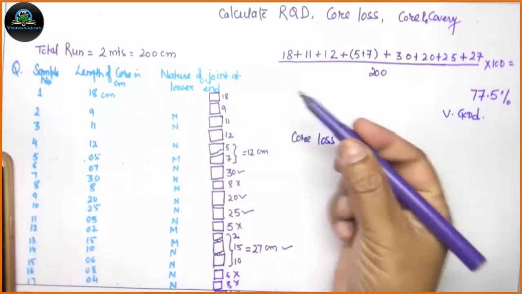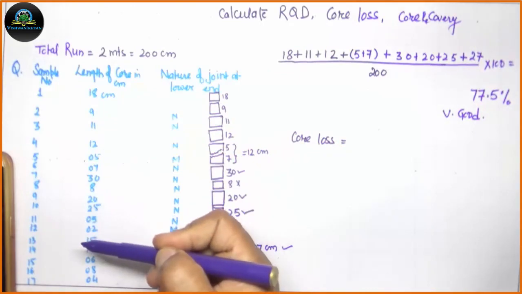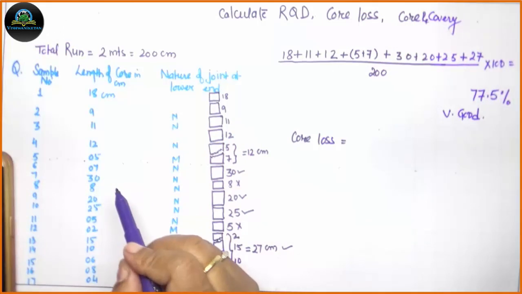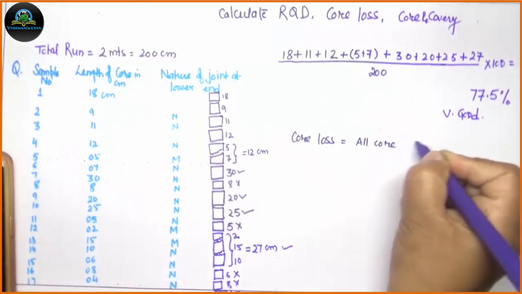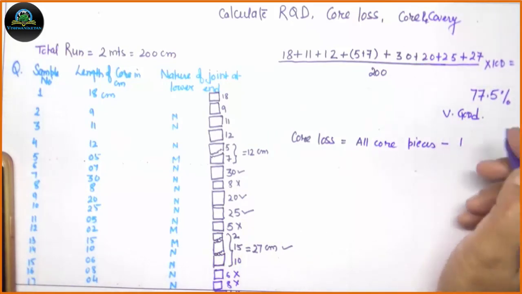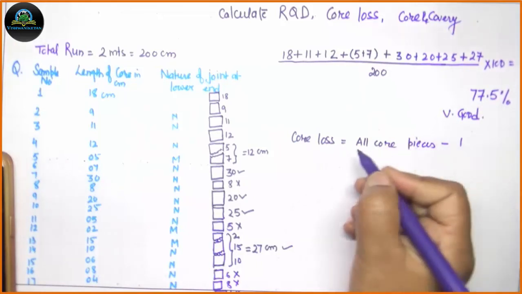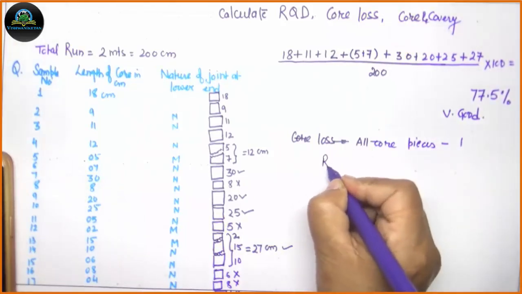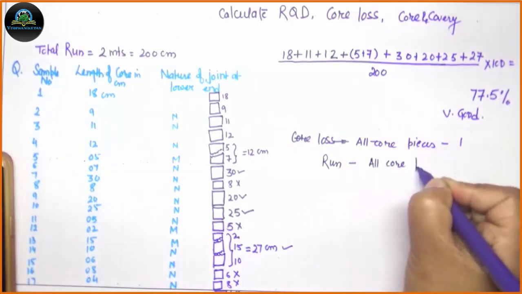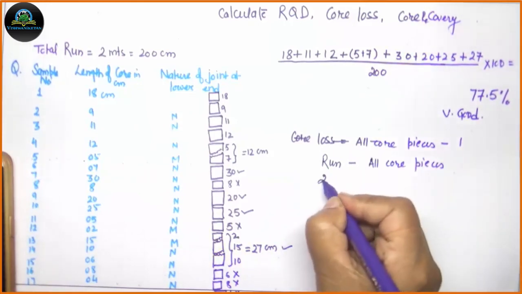Core loss is the summation of all the core pieces irrespective of their length minus total run. I'm repeating here, that is total run minus all core pieces irrespective of their length.